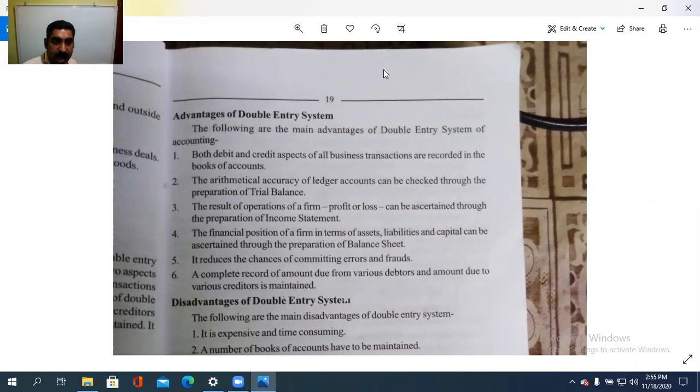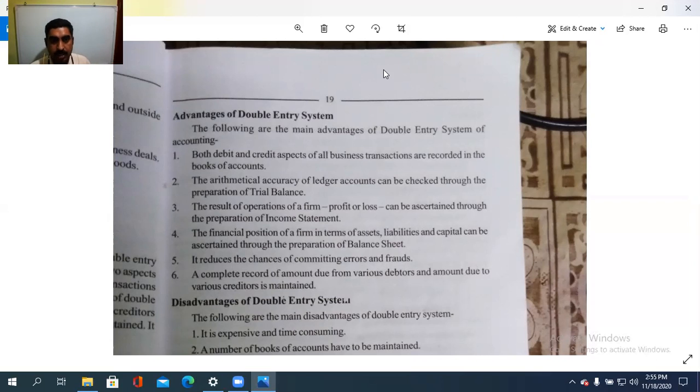So the arithmetical accuracy of ledger accounts can be checked through the preparation of trial balance, the correctness, up to what extent it is correct or not. That is the case.